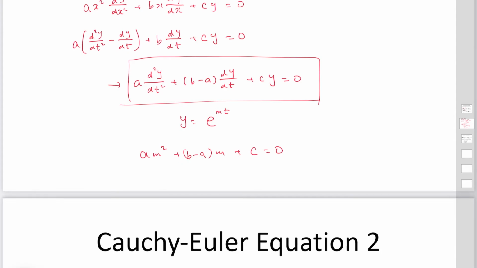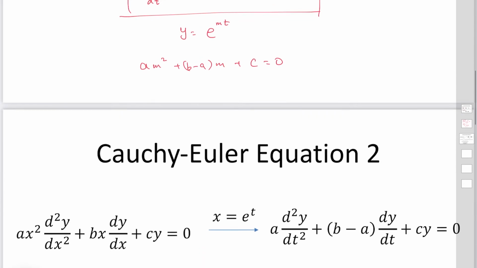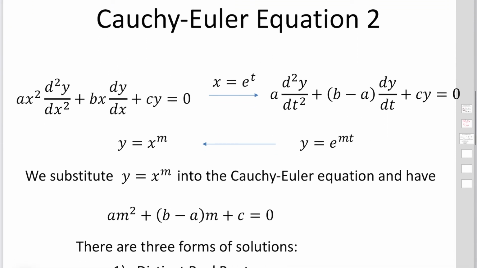We have three forms of solutions, in the case of distinct real roots, repeated real roots, or complex roots. So this is the method I explained, but in this case we have to transform from x to t using x equals exponential t.